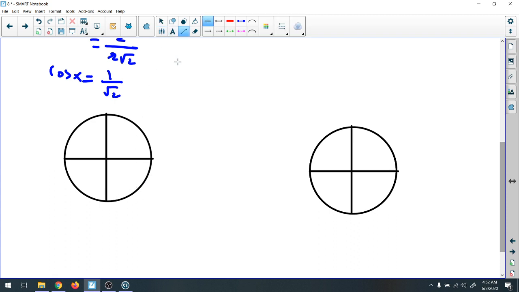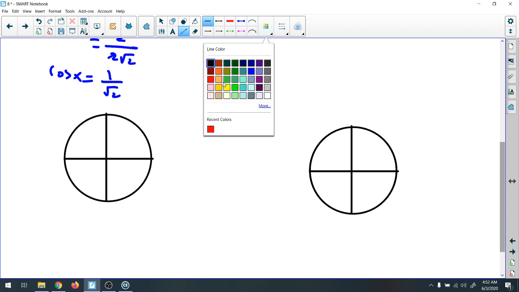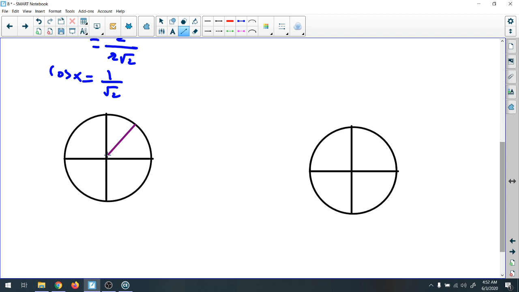And if you want to draw this, let's use purple. This is one, and this is another one.